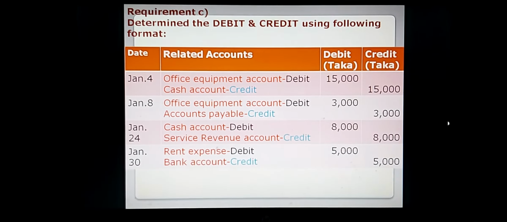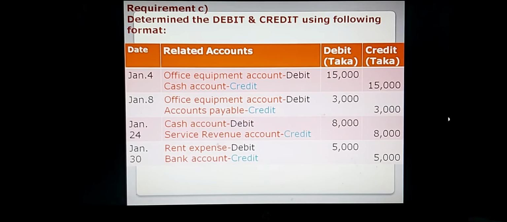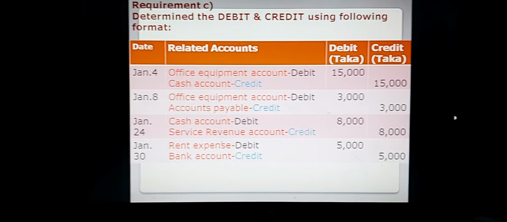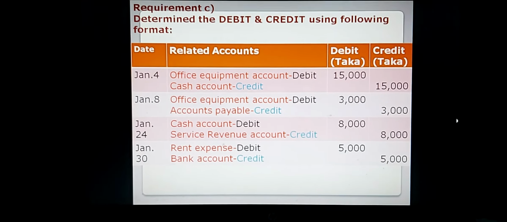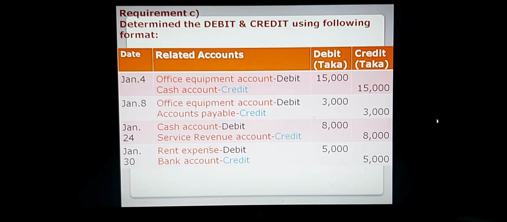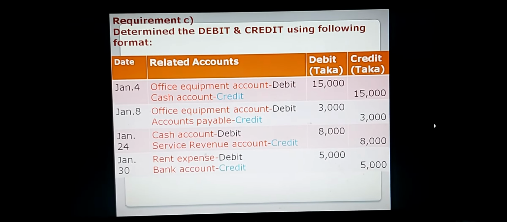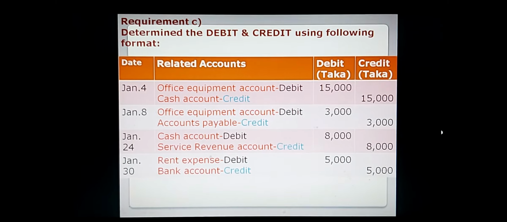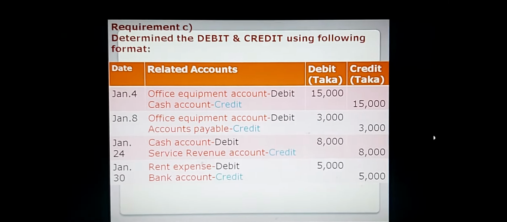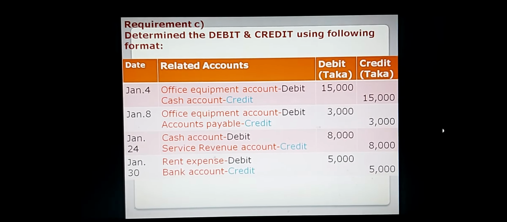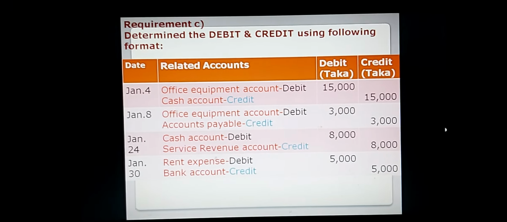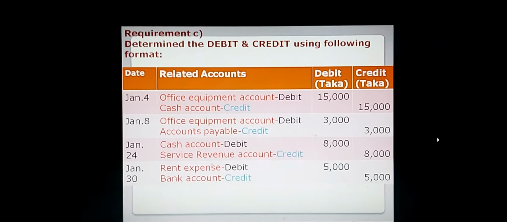And when a check is given, then bank account is decreased. So when bank decreases, then asset decreases, so the respective asset account is credit. For this transaction, I can write rent expense debit, bank account credit.